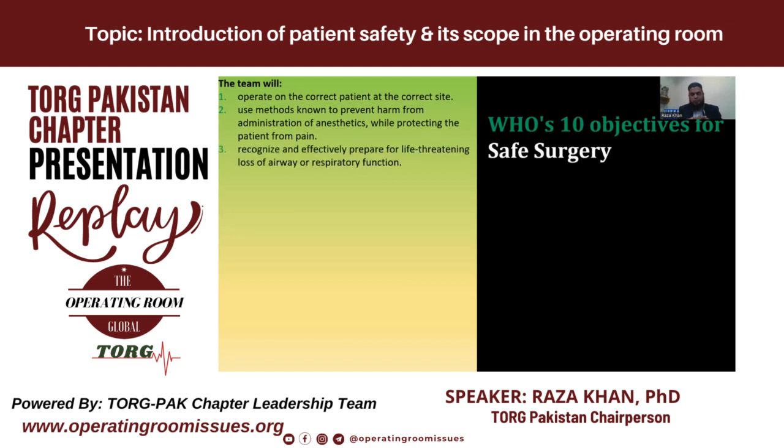It was developed to recognize and effectively prepare for life-threatening loss of airway and respiratory function. As we discuss the checklist, this point will be clarified more. It is developed to recognize effectively and to prepare for the risk of high blood loss, to estimate what the blood loss in surgery is.